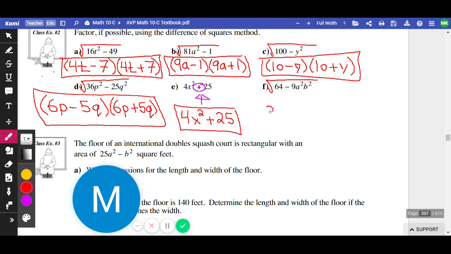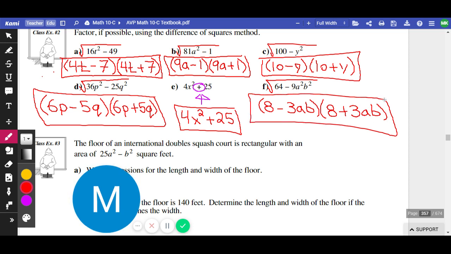Square root of 64 is 8 minus 3. Square root of a squared is a. Square root of b squared is b. The next answer is going to be the same thing, but with a plus symbol. It's a little different looking, that's all.